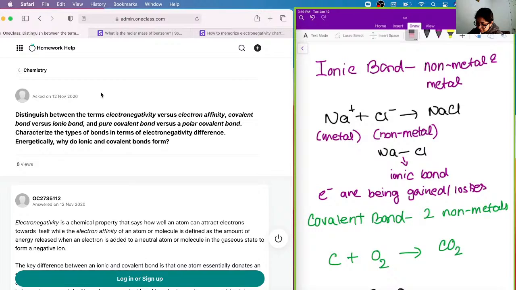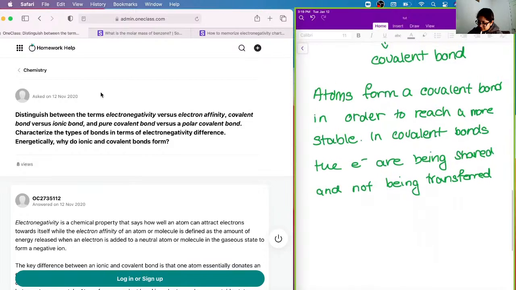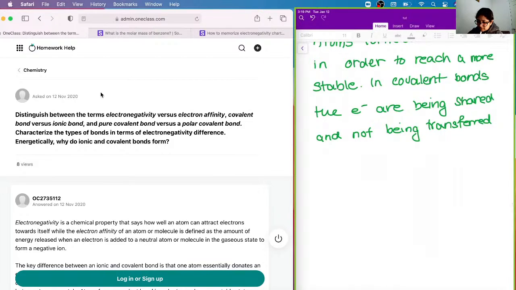That means it loses its electron and gives it to our chlorine, right? So you're transferring electrons here. So what we can say is that the electrons are being transferred. And so this is the main difference between a covalent and an ionic bond.